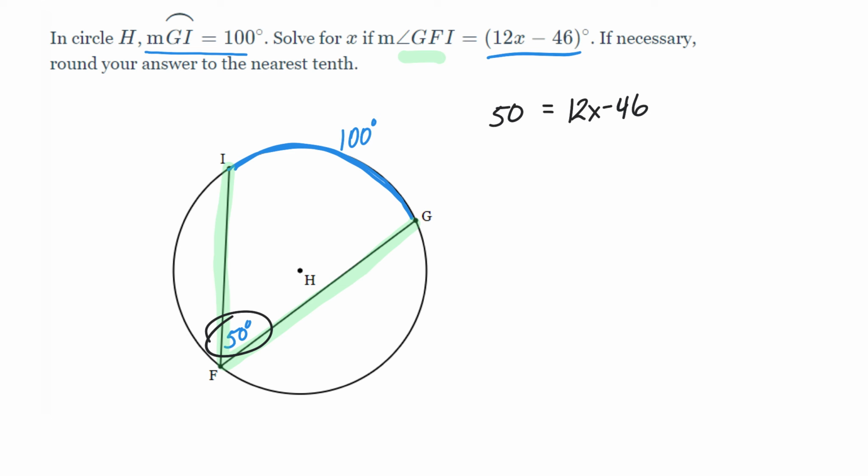So once I've set my values here, I'm going to move the 46 over to join the 50, which has a measure of 96, equal to 12x. Next thing we will do is divide by 12, and we learn that x is equal to 8.